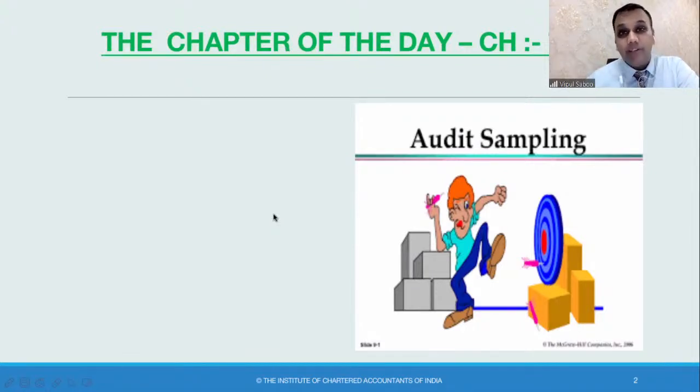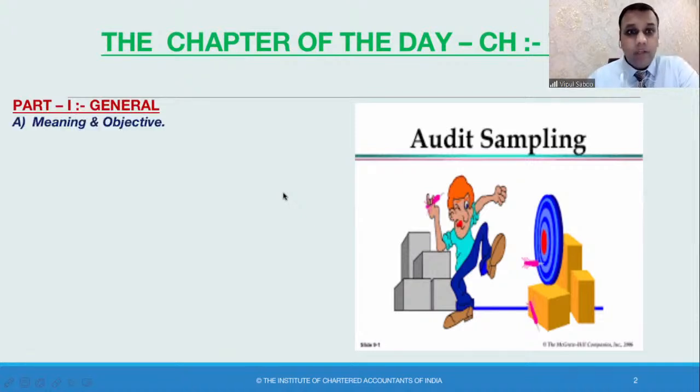And of course, SA 530, Standard on Auditing 530, as well. Audit sampling. So again, when we do this chapter, I've divided the chapter into 4 parts. The general part, where we will cover what is the meaning of audit sampling and what is the objective of audit sampling as per SA 530.